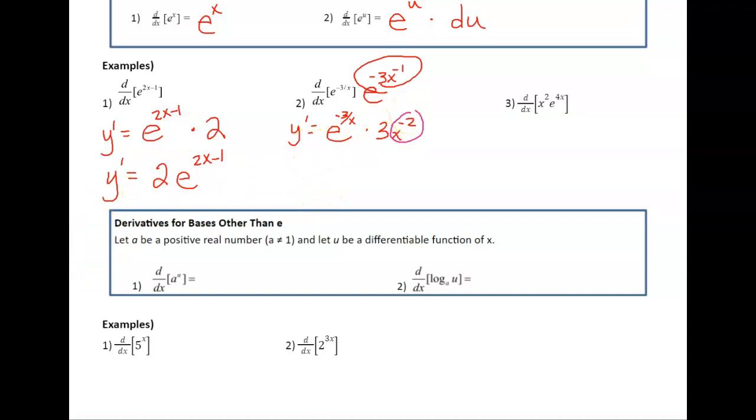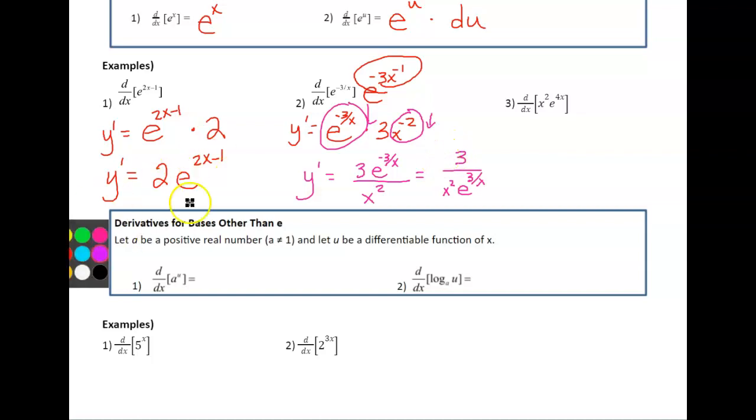This is a negative power, so remember that needs to go in a denominator. We usually put the 3 in front. They might, it is really just hard to say. They might also, because this is a negative, they might move this one down as well. Just be flexible. I mean, they're all good derivatives, okay?